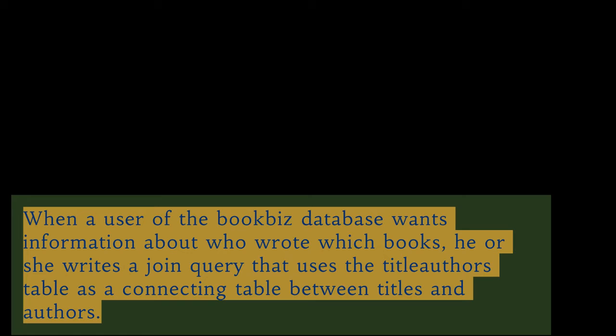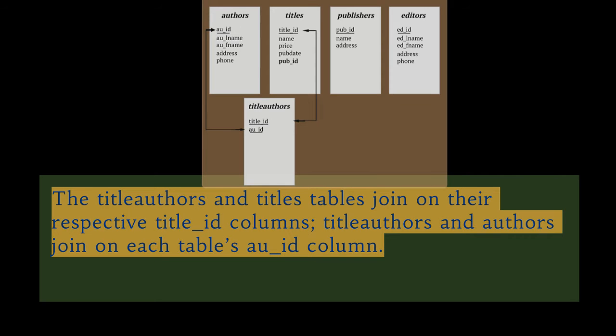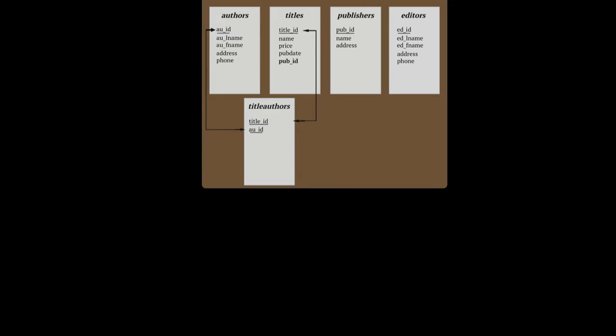When a user of the Book Biz database wants information about who wrote which books, he or she writes a join query that uses the titleauthors table as a connecting table between titles and authors. The titleauthors and titles tables join on their respective title_id columns. Titleauthors and authors join on each table's au_id column.